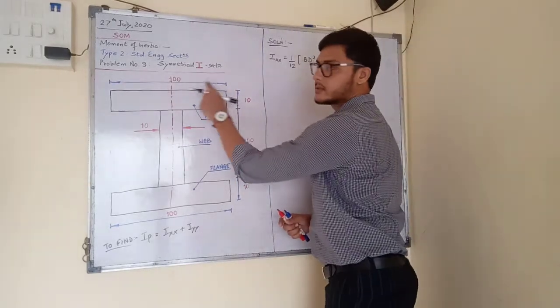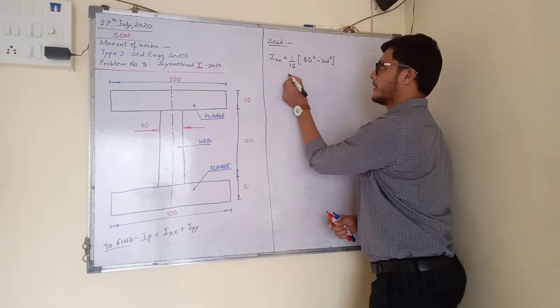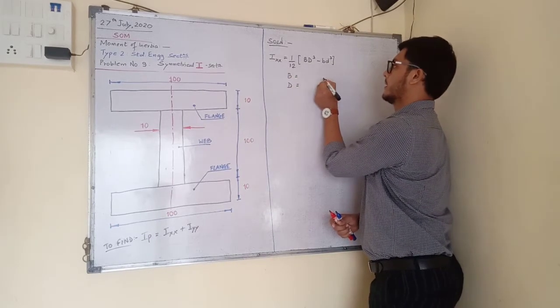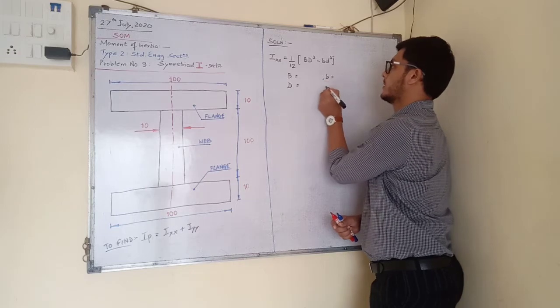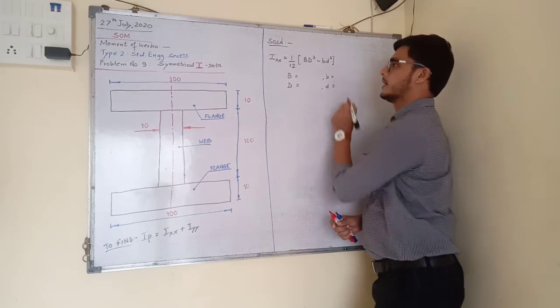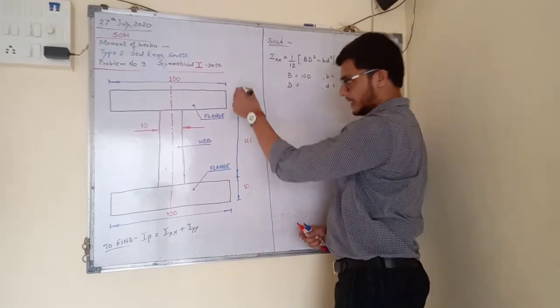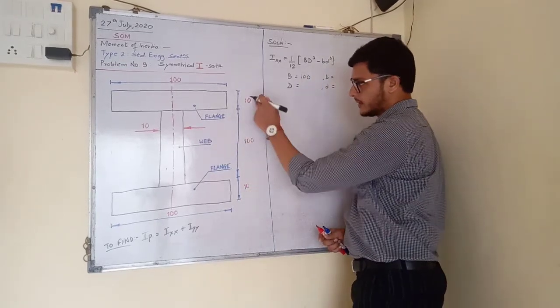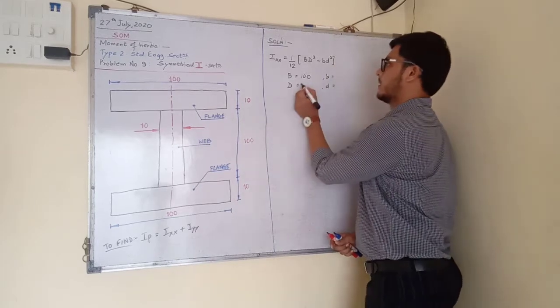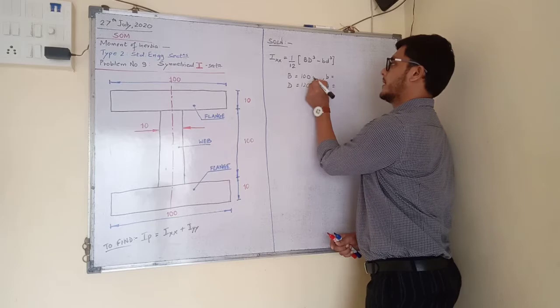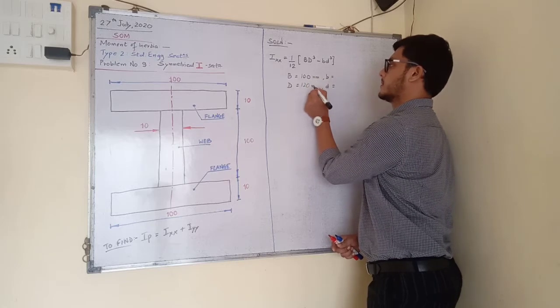So capital B is the overall width, which is 100. Capital D is overall depth, 10 plus 100 plus 10, 120 millimeter, all are in millimeter.